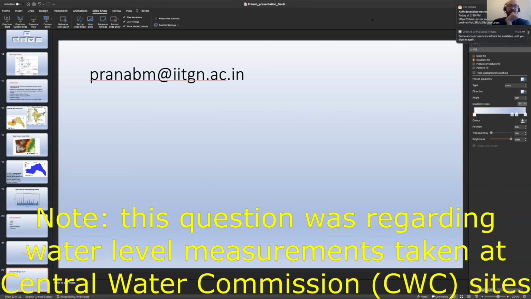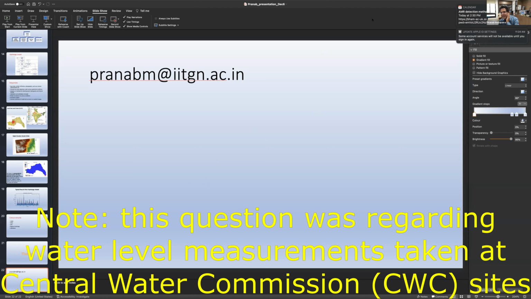And are they just recording the level, right? Are they using a rating curve or something to convert to discharge, or is it something that you have to do? There are different kinds of CWC sites. Usually they record the water level. From water level, they have an already established rating curve, so they convert that into discharge. But sometimes they also measure the sediment.